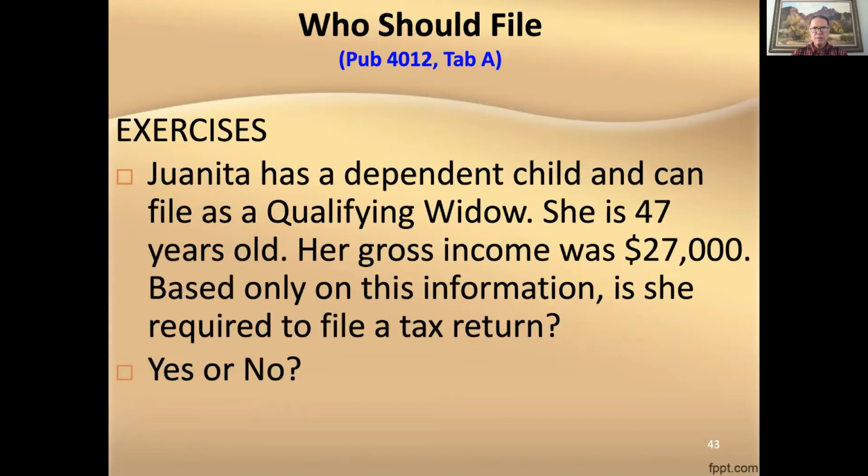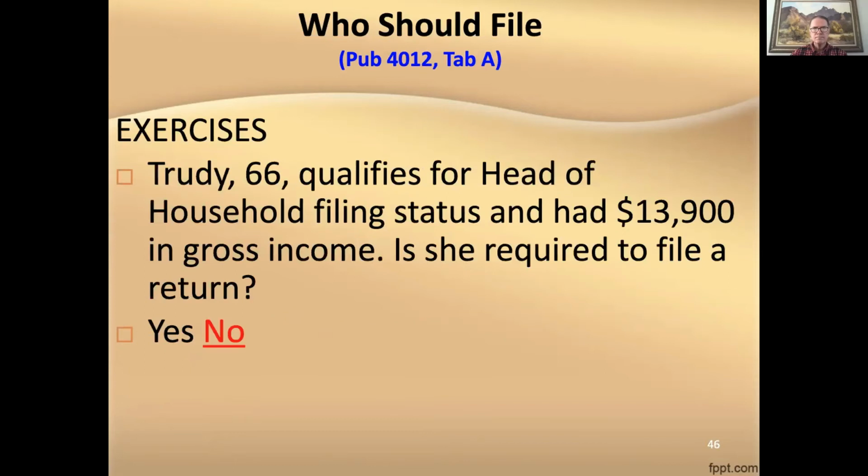So Juanita has a dependent child. She filed as a qualifying widow. Based on this information, is she required to file a tax return? Let's see here. Head of household, $13,900 in gross income.